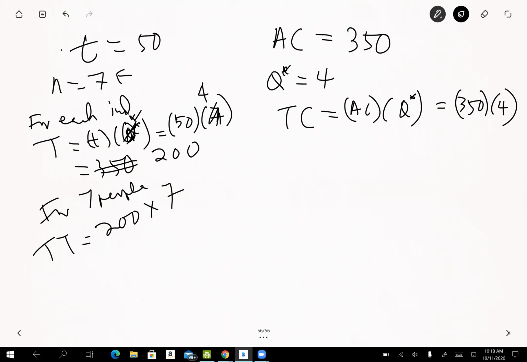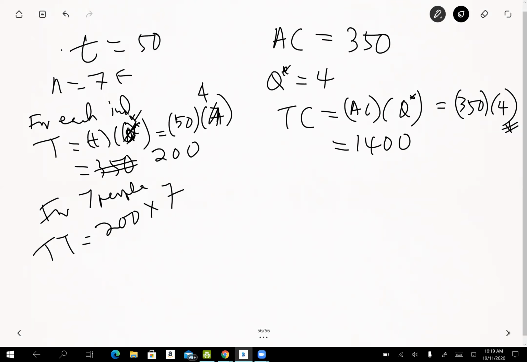Is the average cost not right? If 200 times 7, it's 1,400. And then if 350 times 4, it's also 1,400. So it actually is correct, sir. 350 times 4 is what? 1,400. I didn't multiply 350 by 4 to get the total, so I didn't recall what was the amount.